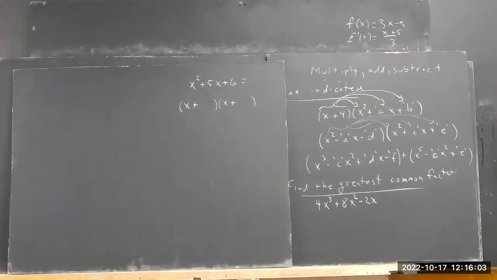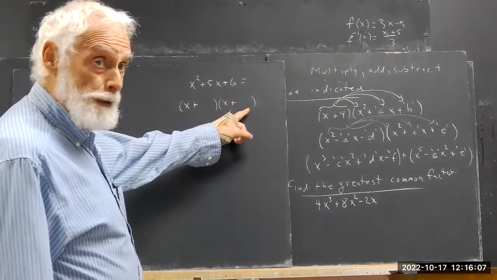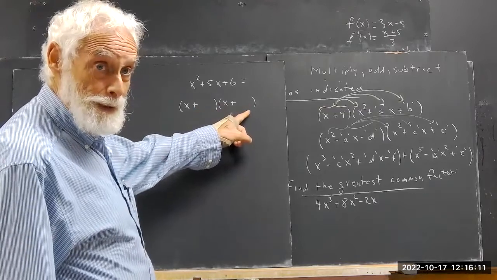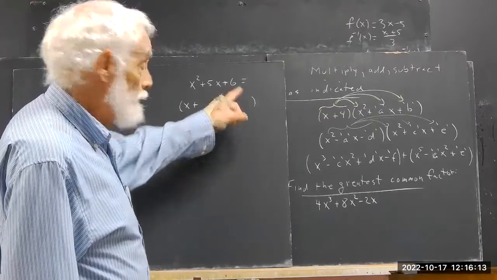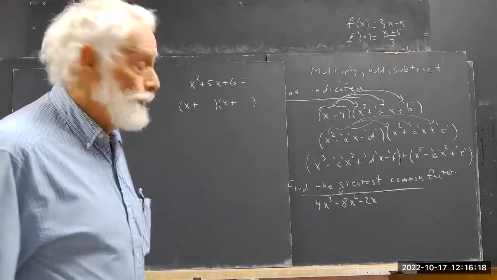Okay. Now, the two numbers you have here, when you apply the distributive law, they're going to be multiplied by each other. So the two numbers you get here have to multiply out to 6, right?